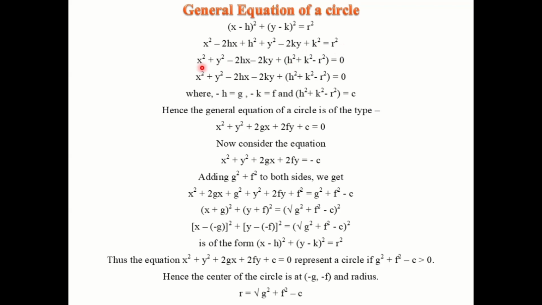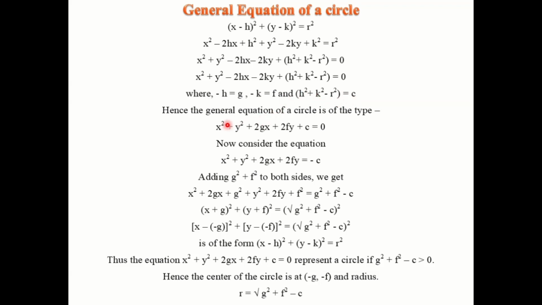Now we are rearranging the elements of this equation: x square plus y square minus 2hx minus 2ky plus h square plus k square minus r square is equal to 0. Now we write minus h is equal to g, minus k is equal to f, and h square plus k square minus r square is equal to c.